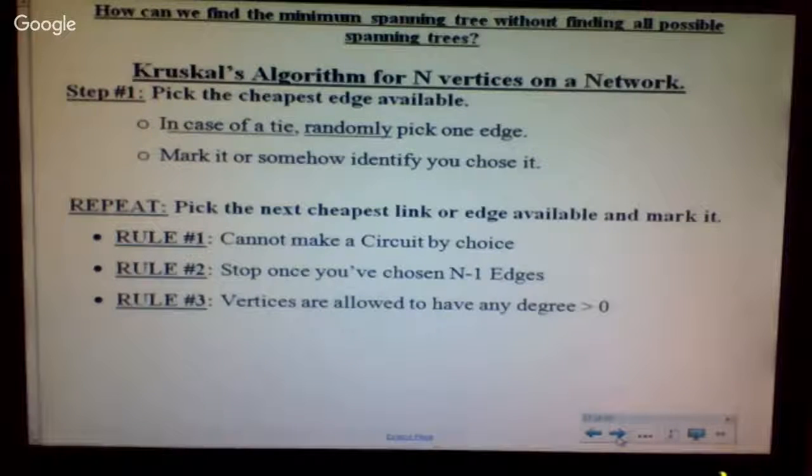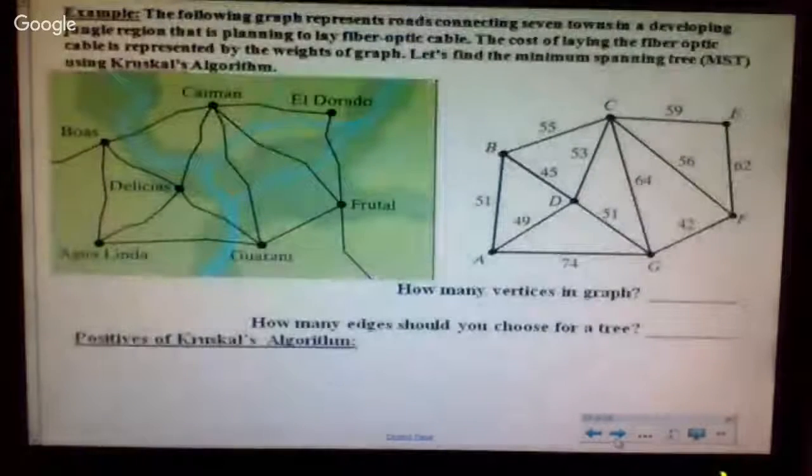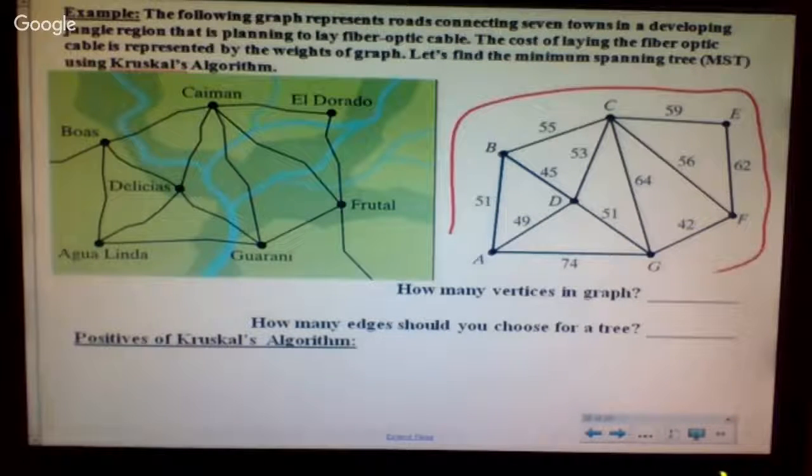Okay, so I've got 3 examples, and we're finished. The way I start you out with Kruskal's algorithm: first off, this graph on the right here is the graph that goes along with this map. So don't let that confuse you. Remember back in chapter 6 where we did the real life stuff and drew the pictures that went with it? That's what they did here.